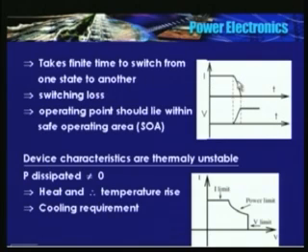Current slowly falls, and this is the voltage across the device or the switch. It is not instantaneous. So there are going to be finite losses during switching.